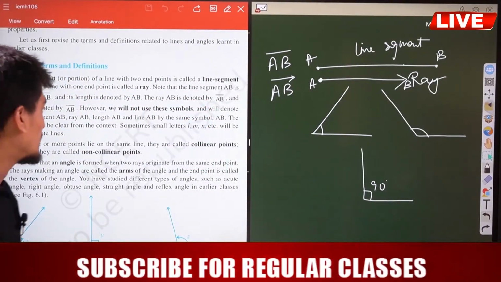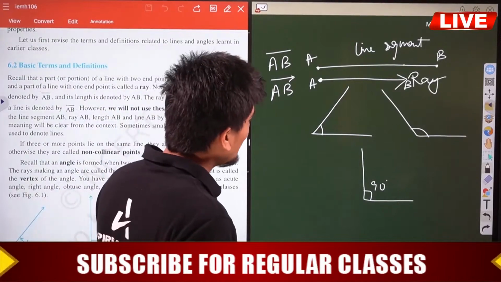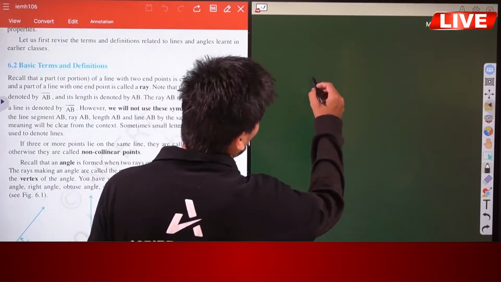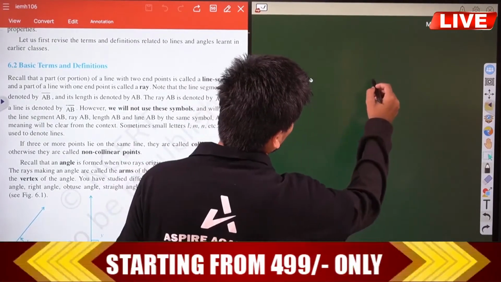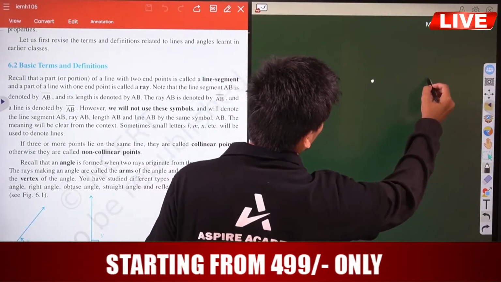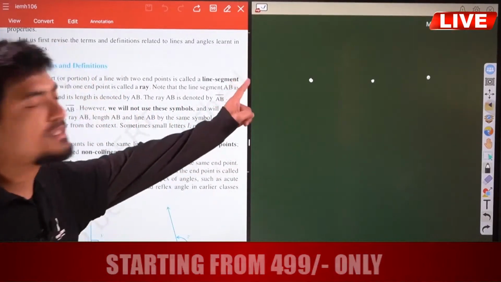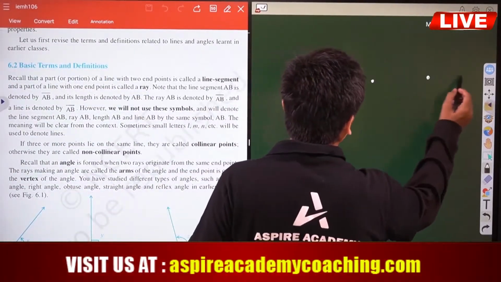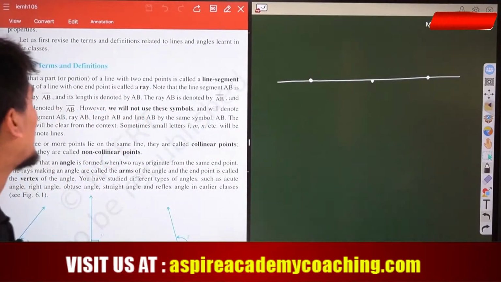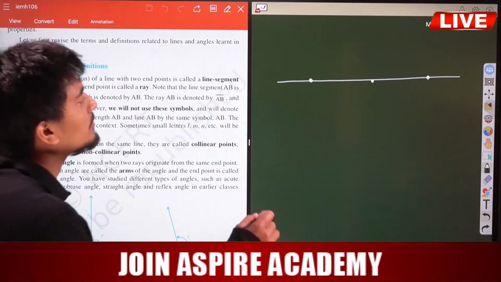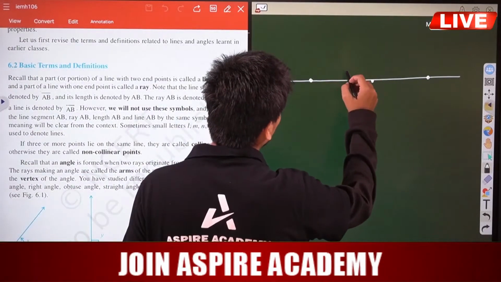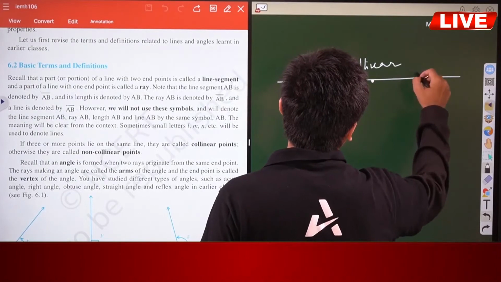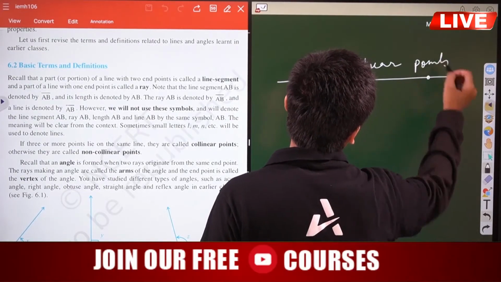Now see here, if these 3 points lie on the same plane or same line, then we call these points collinear points.